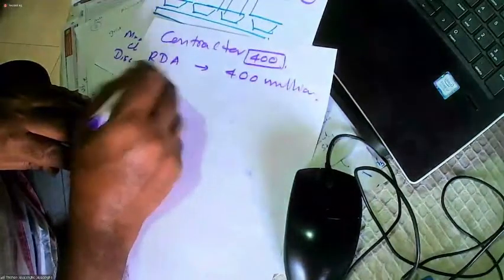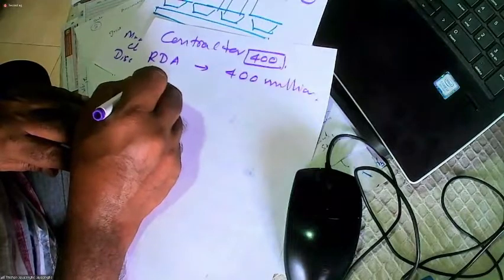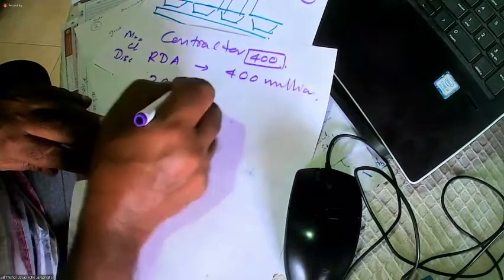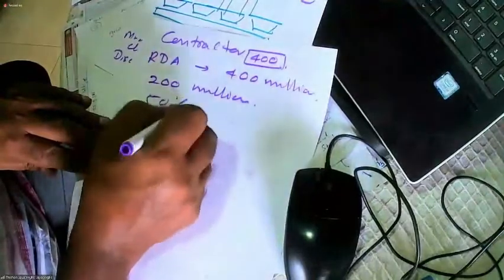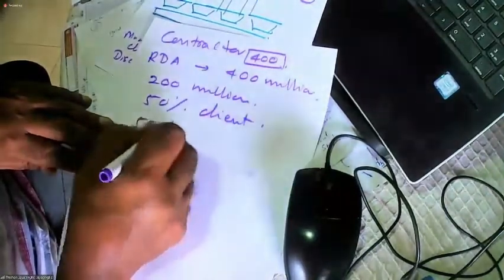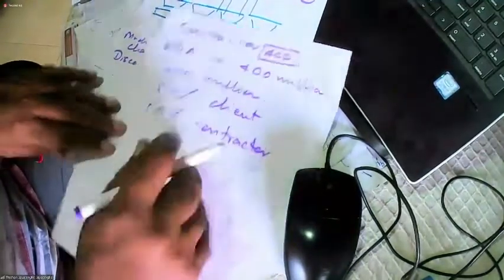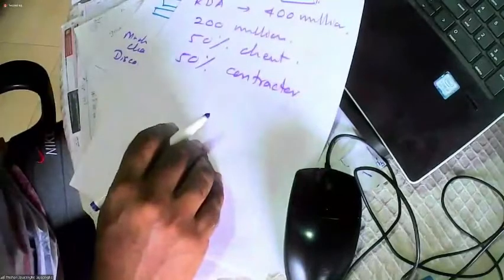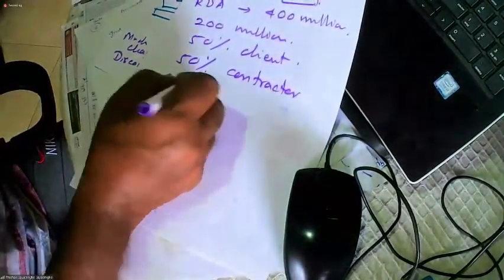Then for client to accept it, client is not getting 200 million reduction, 50% for client, 50% for contractor. Okay. So client will get the project done, initially 600 million.